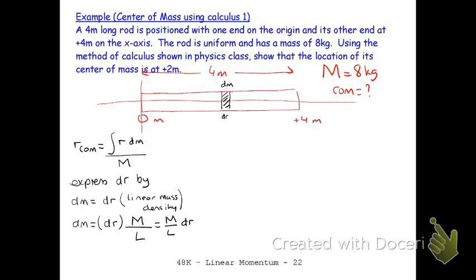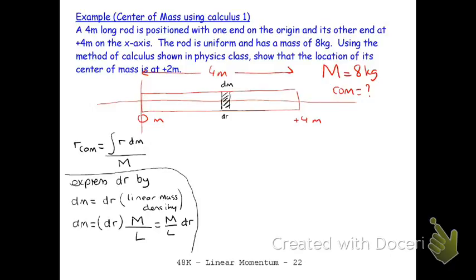So that's a little bit of an aside. If you want to check it, use symmetries. The little bit of mass over the total mass is like the little bit of length over the total length.